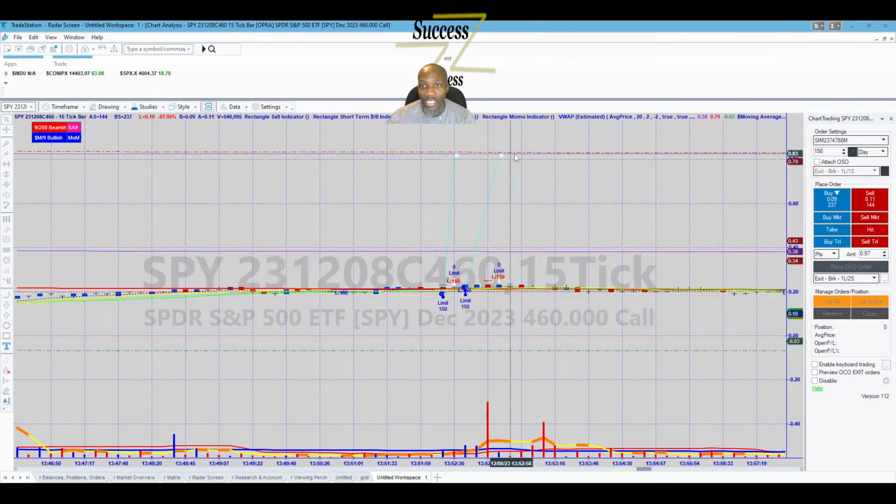This dot says 81 cents. There is nothing in this options contract pricing, mark, bid, ask, that says 81 cents. However, when I exited the position, it didn't exit me at 23 cents, it exited me at 81 cents. So instead of me making 2 cents per contract, I end up making, what's that?